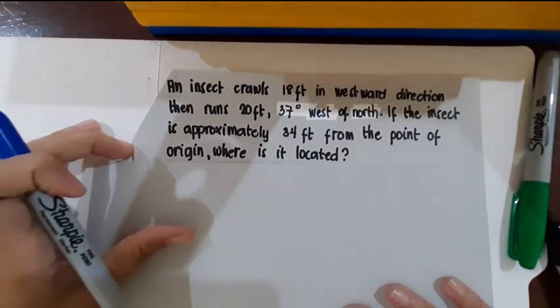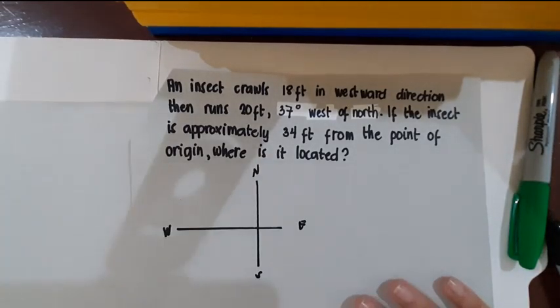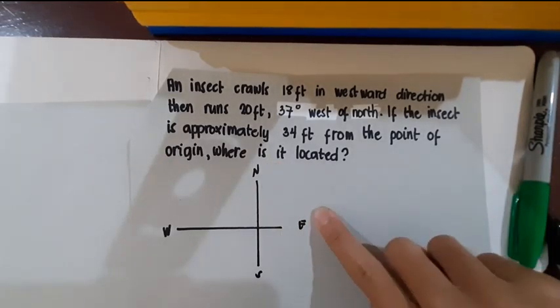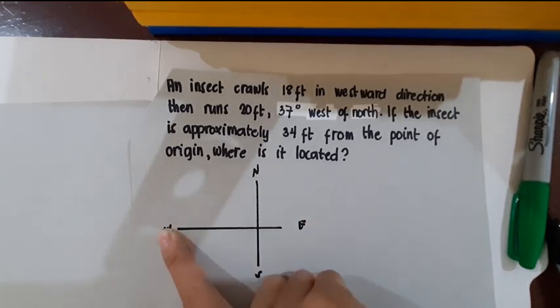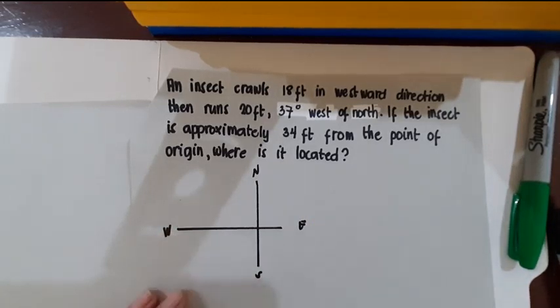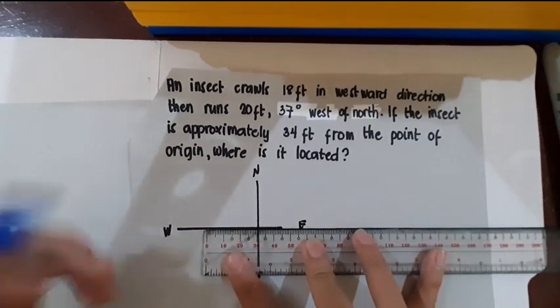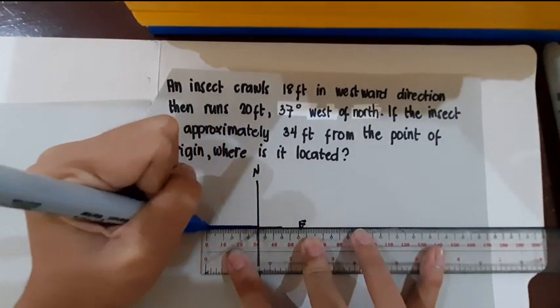In this case, again, you have your Cartesian plane with directions north, east, south, and west. First, the insect crawls 18 feet westward. So let's say this is 18 feet westward.